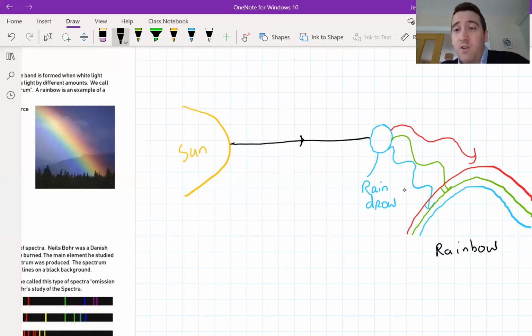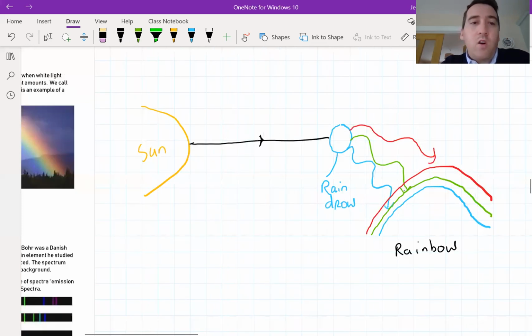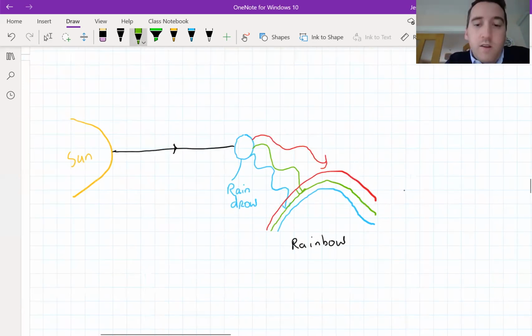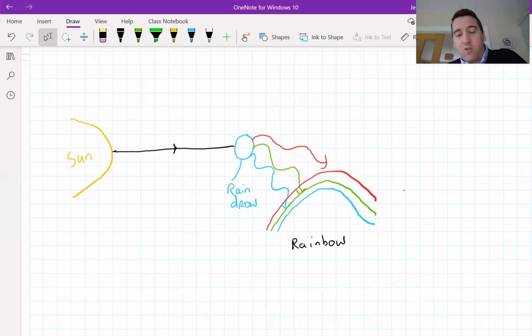Within the yellow, there are lots of different shades of yellow, and so on. We call this a rainbow, but there is a more sciencey name for this thing. We call this thing a spectrum, spelled S-P-E-C-T-R-U-M. So a spectrum is basically just this band of different colors.